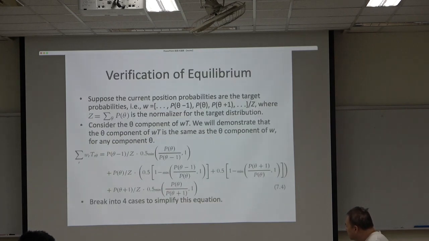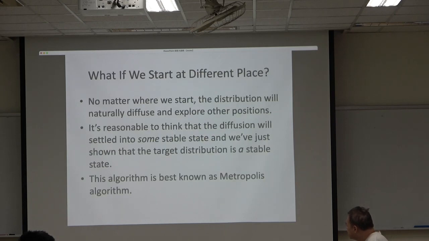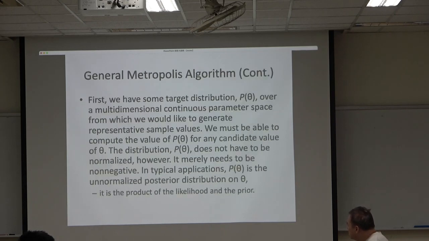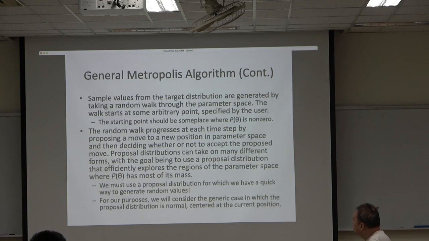So coming back, this random walk progresses at each time step by proposing a move to a new position in parameter space and then deciding whether or not to accept the proposed move.